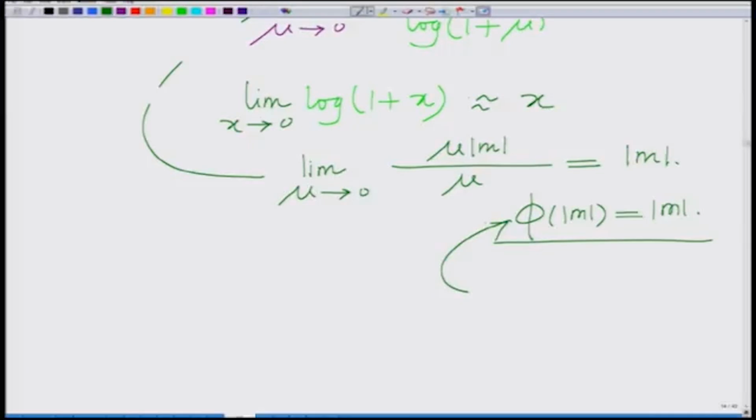Now, for mu equal to 0, this reduces to a linear characteristic.